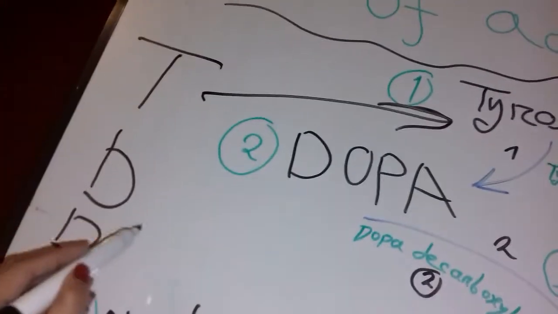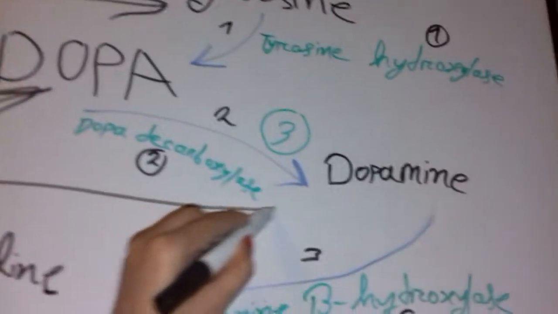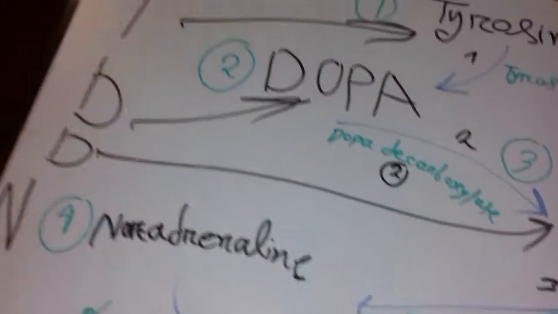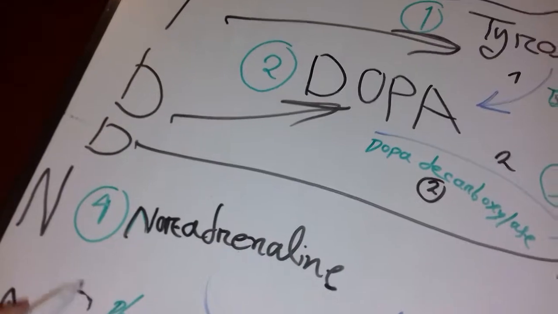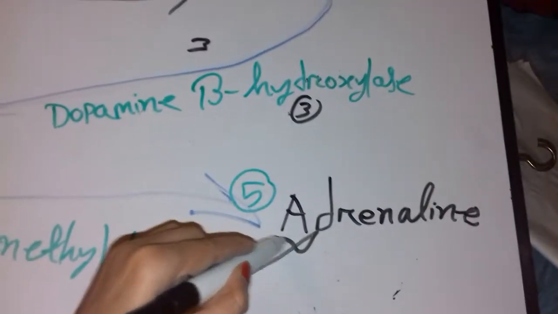Here is T for tyrosine, D for dopa, and D for dopamine. T, D, D, N for noradrenaline, and A for adrenaline.